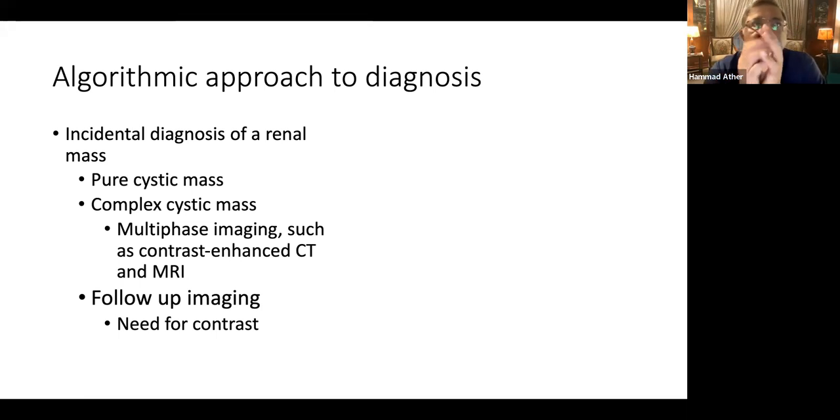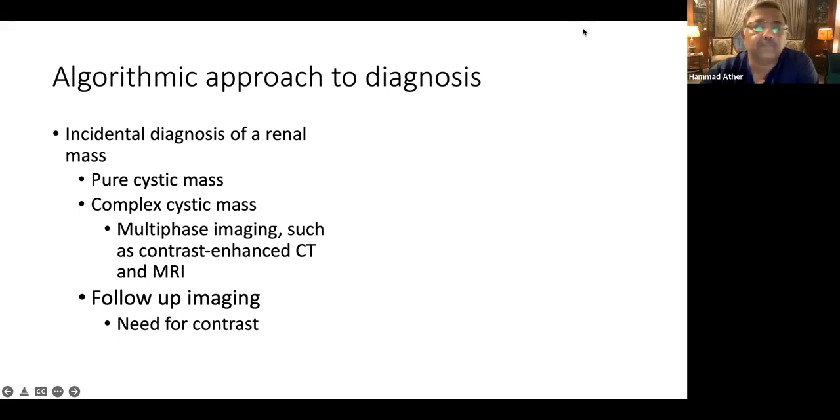If it is a pure cystic mass on a grayscale ultrasound with through transmission, we know that this is a pure cystic or Bosniak 1 lesion, and you can reassure your patient and you don't want to do anything further. However, if you have a complex cystic mass, you probably need better definition using multiphase imaging, such as CT scan or an MRI scan.